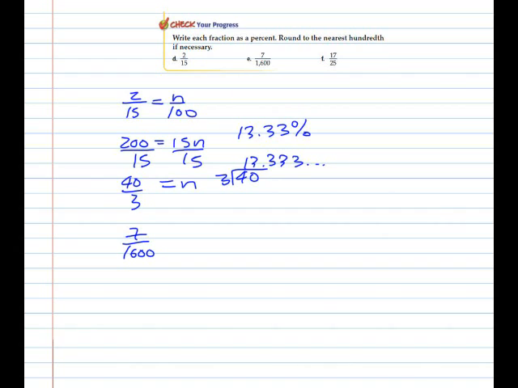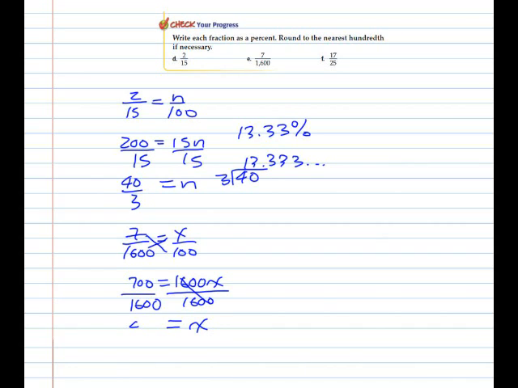7 over 1,600. Obviously, 1,600 is not a factor of 100. So I'm going to use my proportions again. 700, cross product here, equals 1,600x. Divide both sides of my equation by 1,600. Simplify 700. This divides out, gives me x.